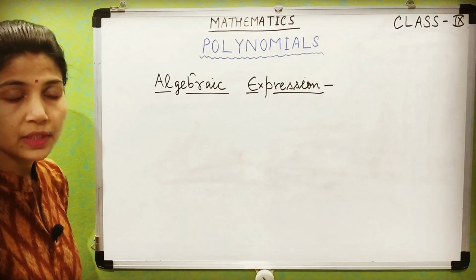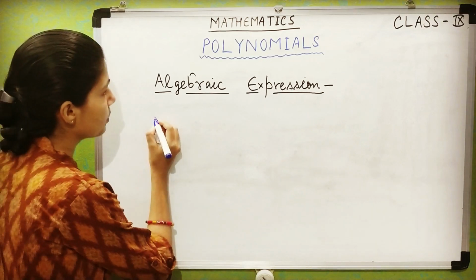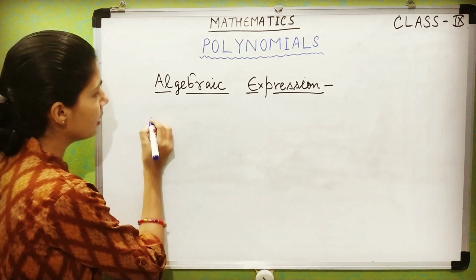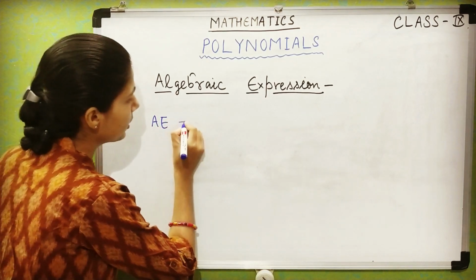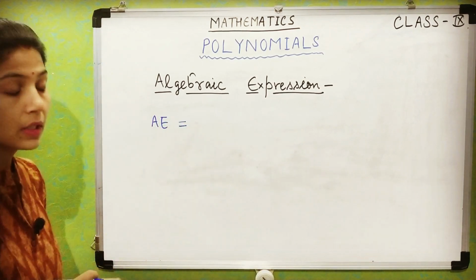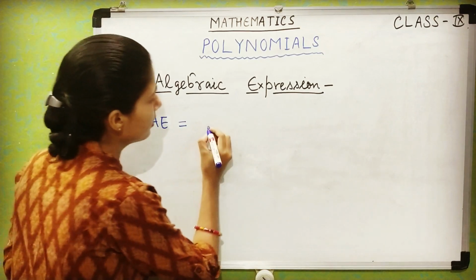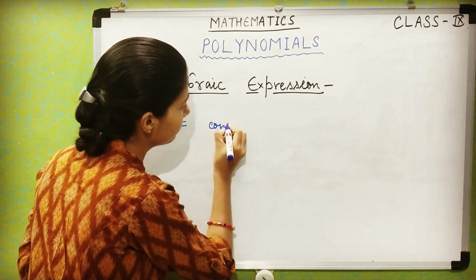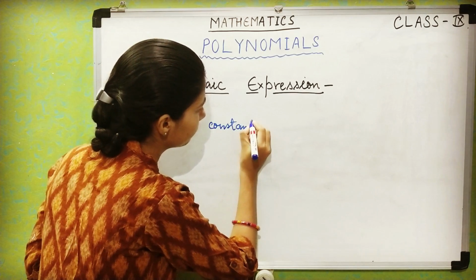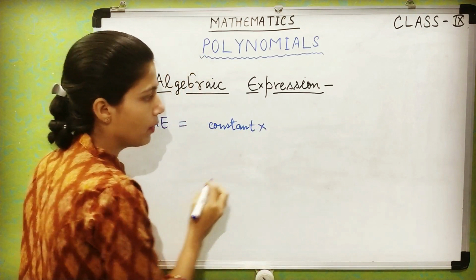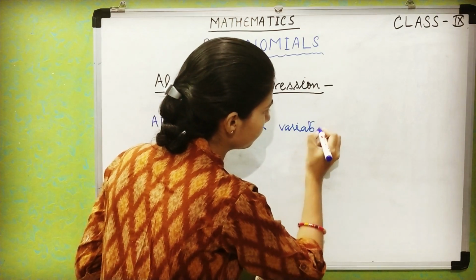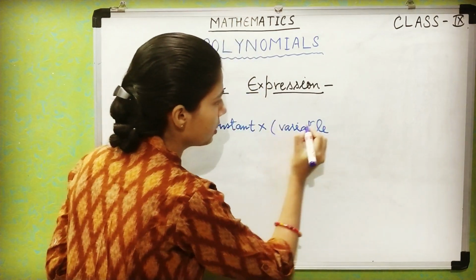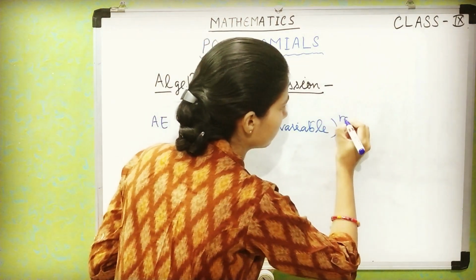Any expression, in short I will use AE for algebraic expression. So what is an algebraic expression? If you multiply a constant with a variable that is raised to a power rational number.